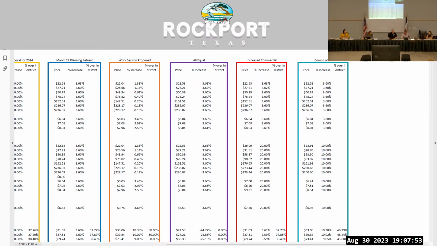I guess, when we just put those numbers in, I'm confused on why it didn't change as much as we wanted to, whereas on this, if we just did the increased commercial, we've factored in the usage as well. Ron and Kimberly are doing big math fast.